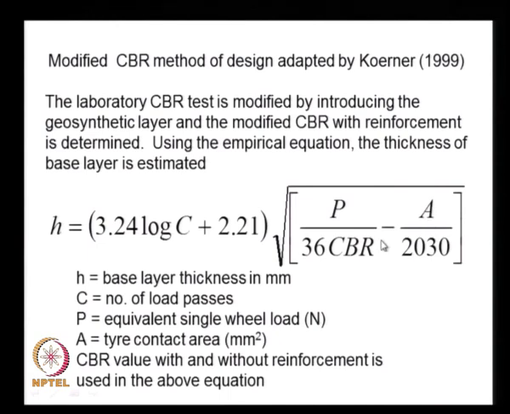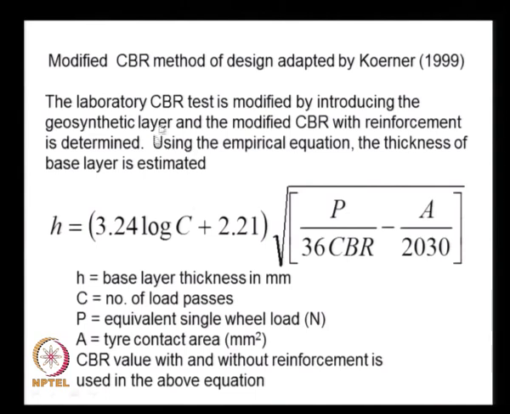The CBR that we use is either the CBR of the unreinforced subgrade soil or with reinforcement, and we can perform a modified CBR test by introducing a layer of geosynthetic at the interface between the aggregate and our soil, do the normal CBR test and interpret for the increased CBR value.